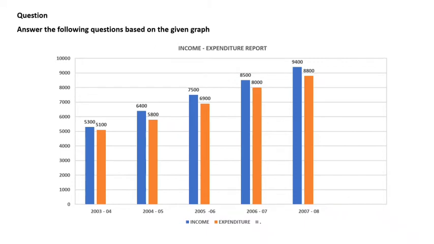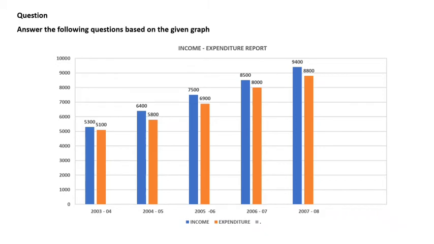In 2005-6, 7,500 is the income and 6,900 is the expenditure. In 2006-7, 8,500 is the income and 8,000 is the expenditure. And in 2007-8, 9,400 is the income and 8,800 is the expenditure.